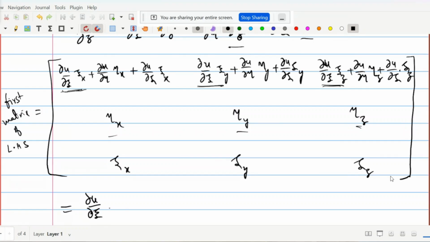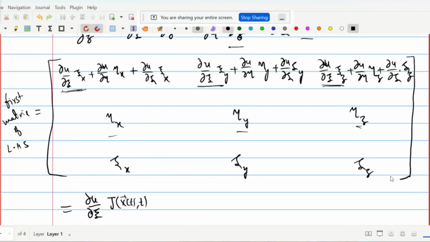So that is nothing but your J. J where? After going to J where? X, not x bar. This is x bar of t, J of t. Okay, this is what you have, because everything is a function of ξ, η, ζ. ξ, η, ζ are already at time t, your fluid particle at time t. That's why we are writing like this. Got it?